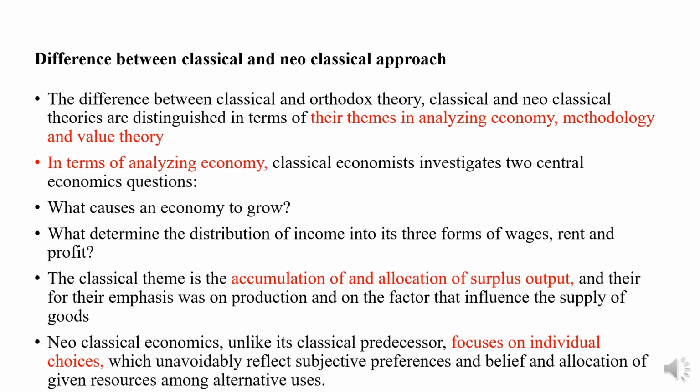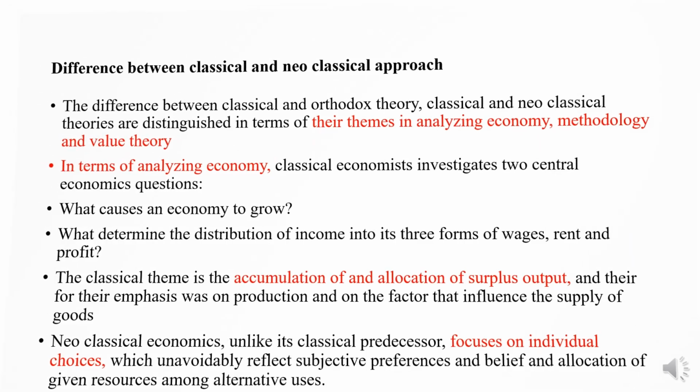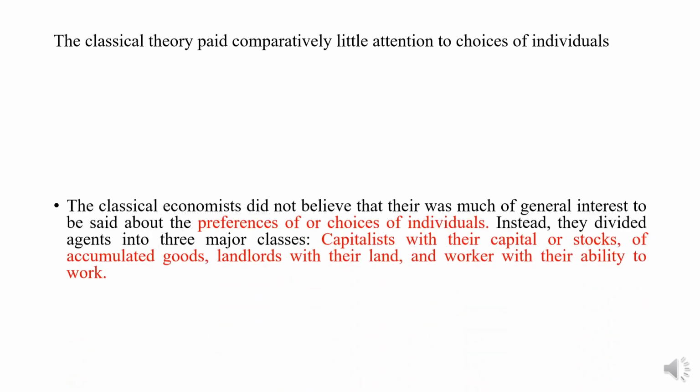Neoclassical economics, unlike its classical predecessors, focuses on individual choices, which unavoidably reflect subjective preferences and beliefs, and the allocation of given resources among alternative uses. Classical theory paid comparatively little attention to the choices of individuals.